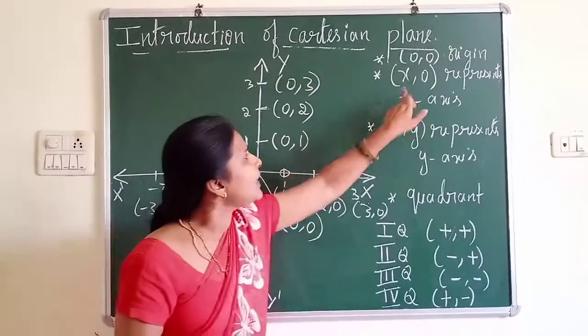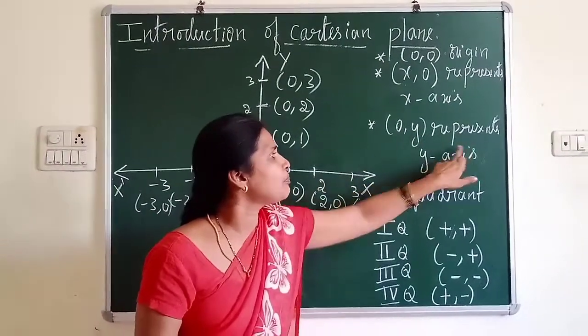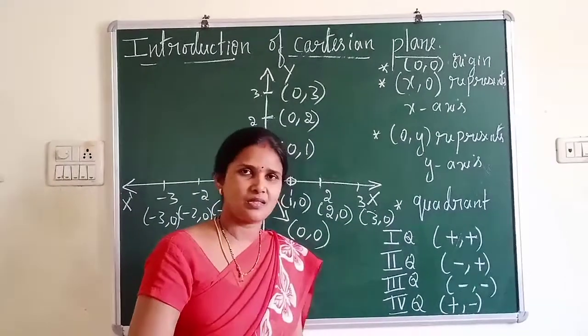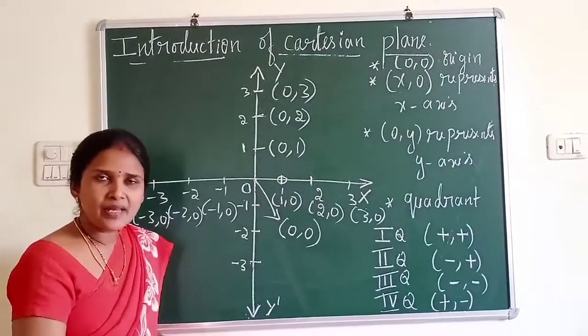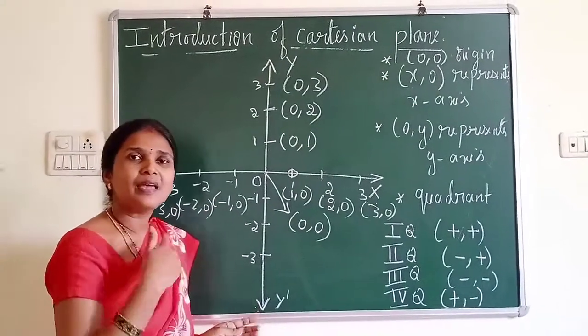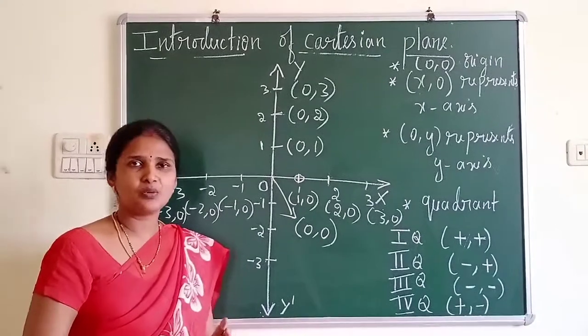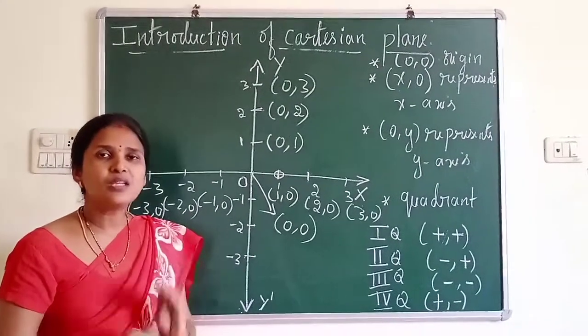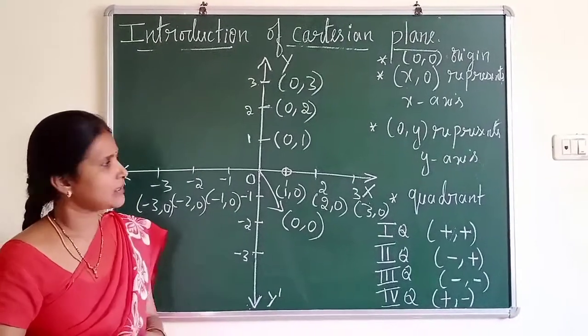So (0, y) represents the y-axis. On the y-axis, the x value is 0. So I repeat, on the x-axis, the y value remains 0. On the y-axis, the x value remains 0. In other words, (x, 0) represents the x-axis and (0, y) represents the y-axis.